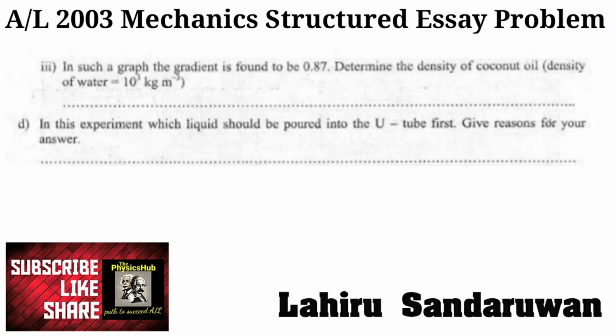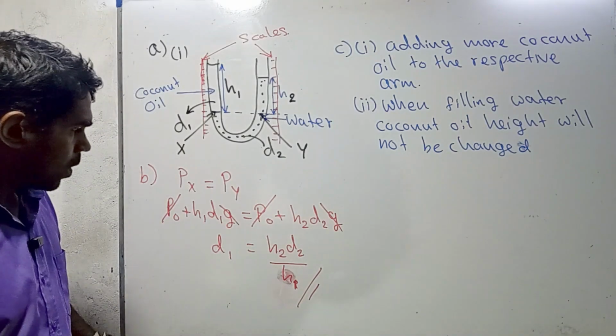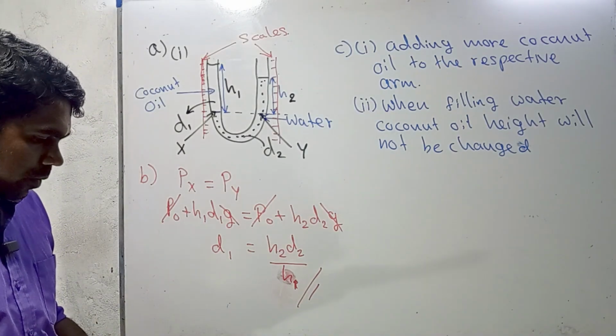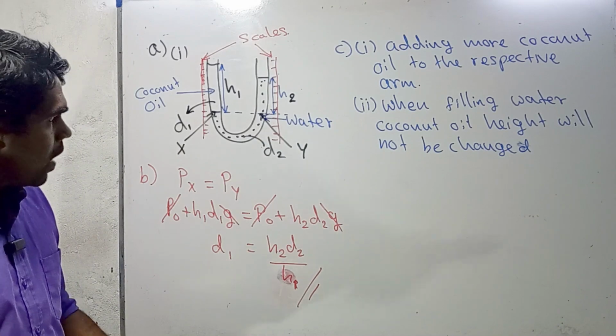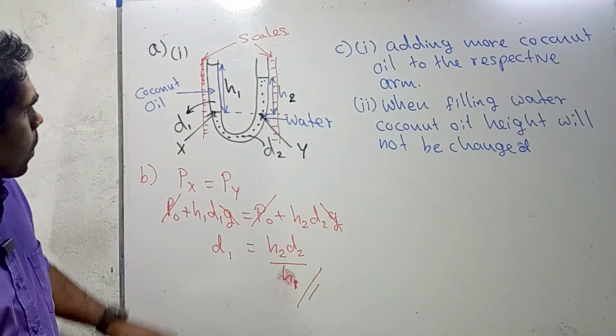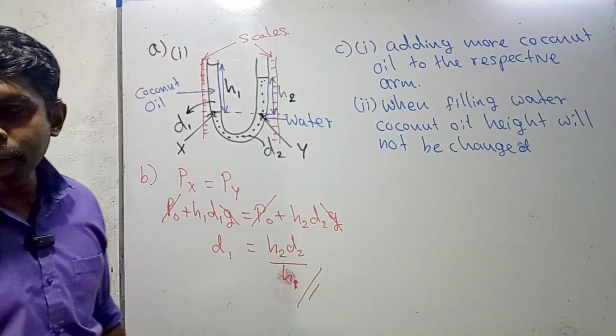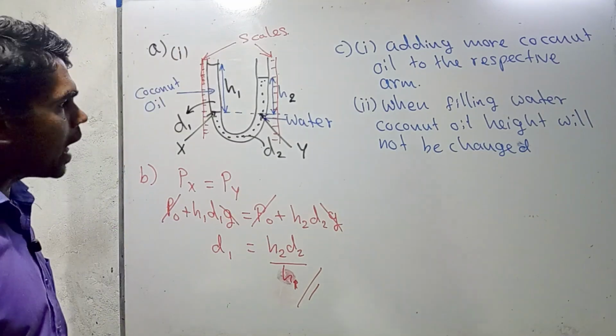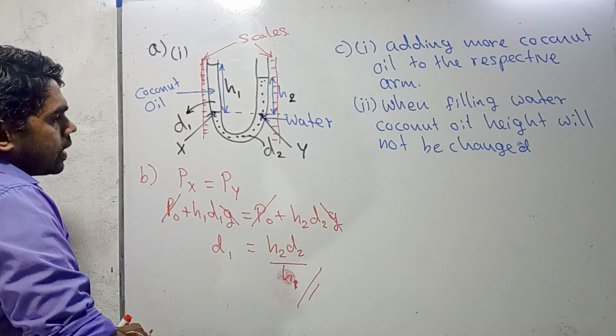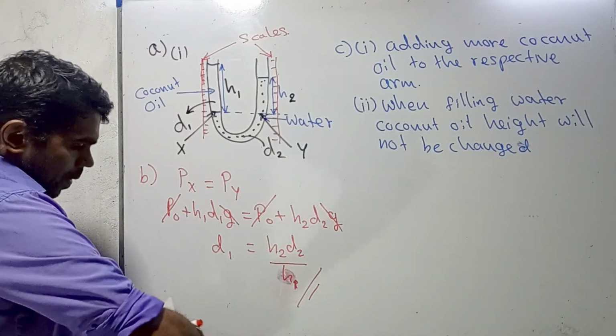Part 3, in such a graph, the gradient is found to be 0.87. Determine the density of coconut oil. They have given the density of water as 10 to the power 3 kilogram per cubic meter. When drawing the graph, we have to change H1 height. Therefore, H1 goes on the x-axis and H2 on the y-axis.